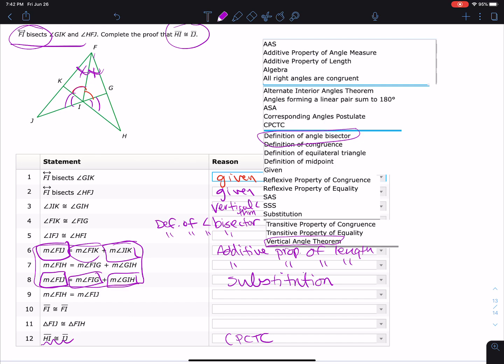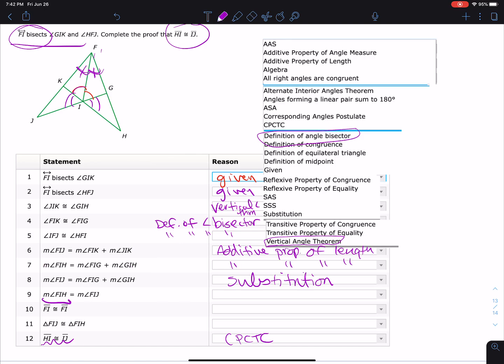Now let's go down. How do I know angle FIH is congruent to FIJ? Let me see. FIH, where would that have come from? I'm looking up above, trying to see where FIH and FIJ are written in these statements here. Kind of want to clear some, I'm going to erase there.